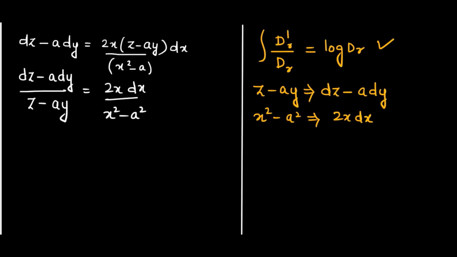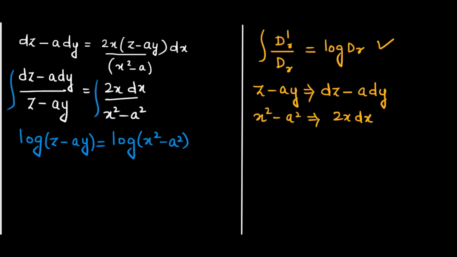So your answer will be now, after integrating, log of z minus ay equals log of x square minus a square. This is done after integrating. Since both the terms are log, we can add a term, say log b, on both sides. Now in order to cancel this log term, I am going to apply another rule of logarithms, that is, we know the rule like log m plus log n can be written as log mn.